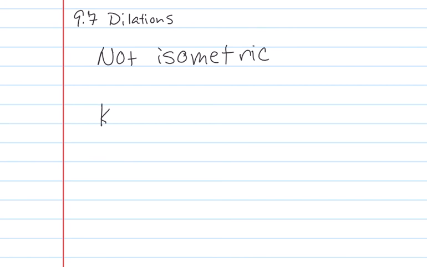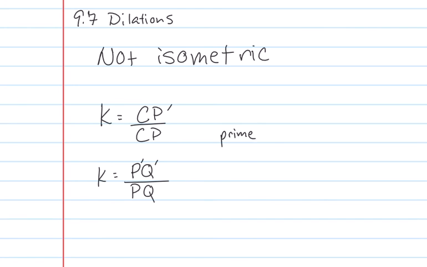One of the formulas that I gave you is K equals, that's our scale factor, CP prime over CP, or if the problem's set up differently, I would say P prime Q prime over PQ. So the prime should be on top. That's the really big note there. Prime in numerator.